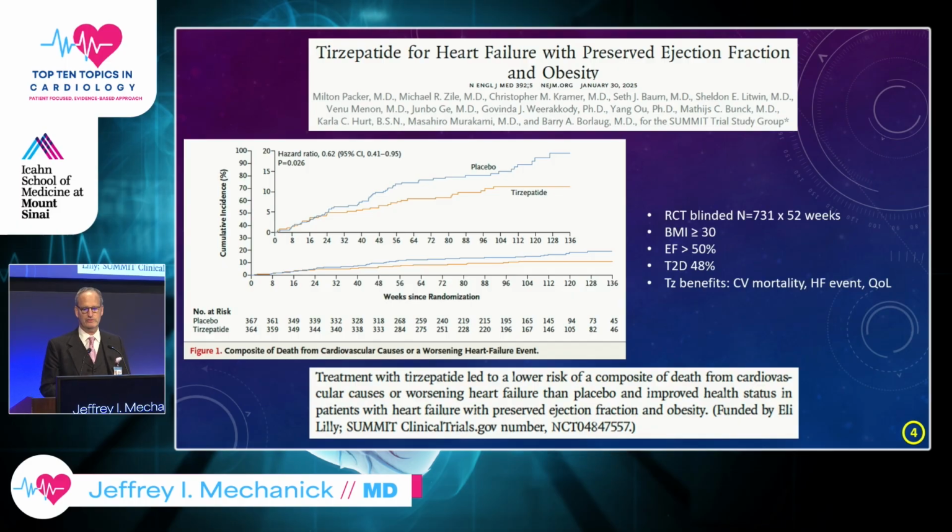You saw a reduction in CV mortality. And we're going to see more of these studies for other things. We already have it for sleep apnea, but we're going to see it for addiction, for cognitive dysfunction, for cancer, for peripheral arterial disease. There are a host of other conditions, given the pleiotropism of these drugs, that are going to be emergent.